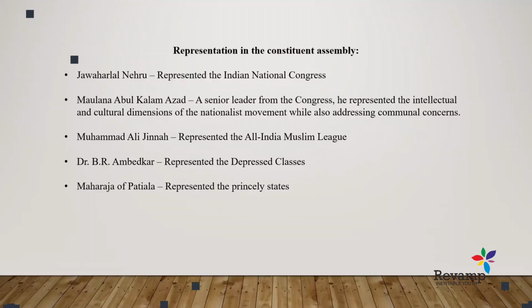He represented the All India Muslim League, and then comes Dr. B.R. Ambedkar, who was later appointed as the head of the drafting committee in the Constituent Assembly as well. He represented himself as the leader of the depressed classes, and the Maharaja of Patiala represented the princely states, which were local autonomous bodies in British colonial India. So this was the important representation.